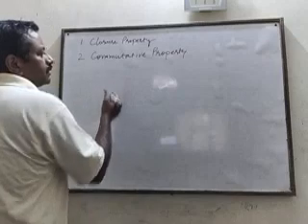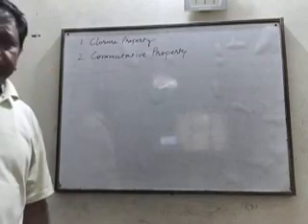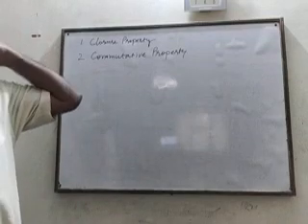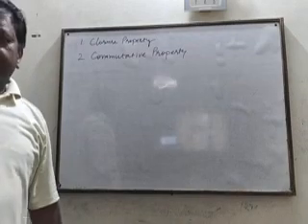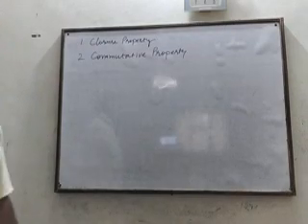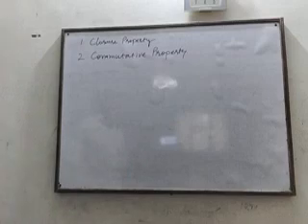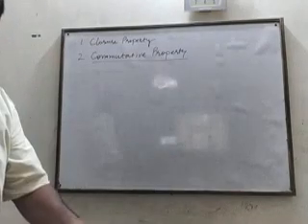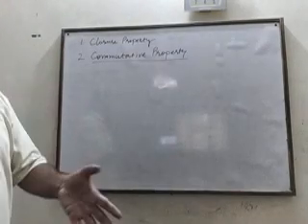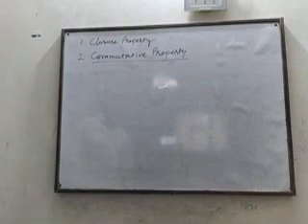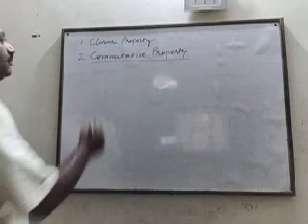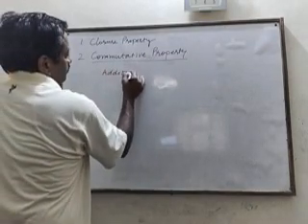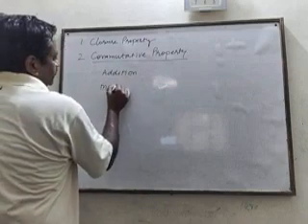If I am getting the same answer, even if I change the seats of the numbers, then we will say that the numbers are commutative under addition, subtraction, multiplication or division. So every kind of number, whether it is natural number, whole number, integer, rational number, whatever, is always commutative under addition and multiplication.